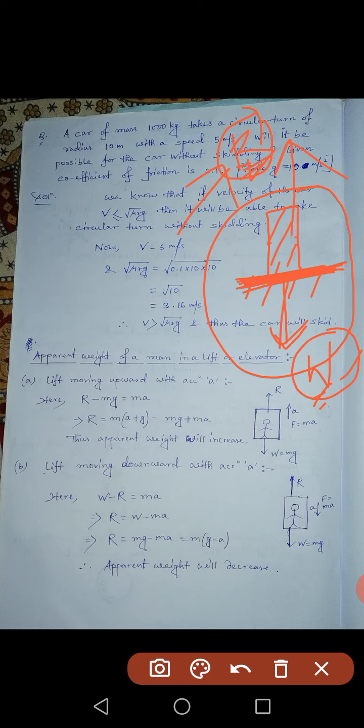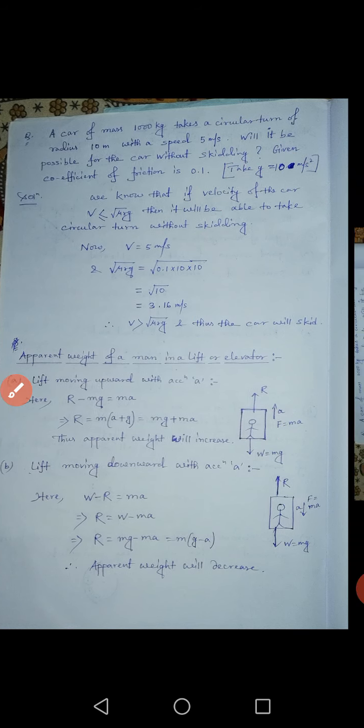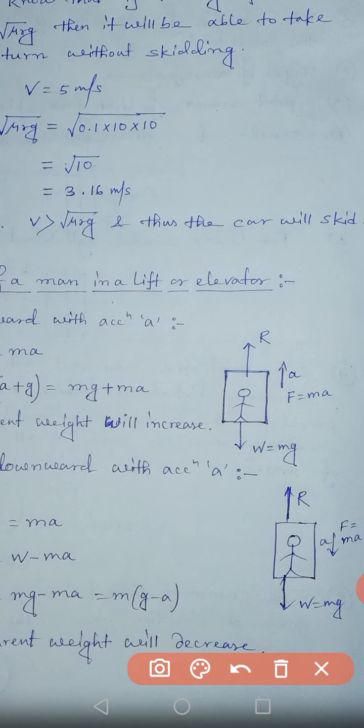Now, suppose a person is standing inside an elevator or lift, and the elevator is now moving not with a constant velocity but with an acceleration a in the upward direction.